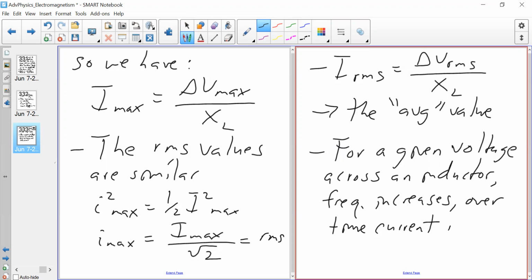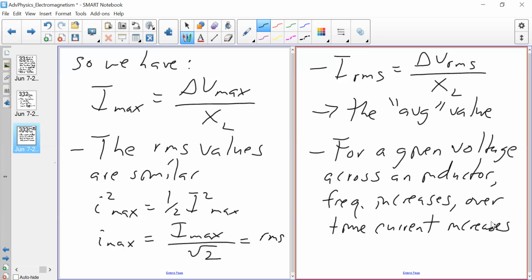And so the alternating voltage source is going to increase the frequency of the current. When the frequency of the circuit increases, then the current increases.